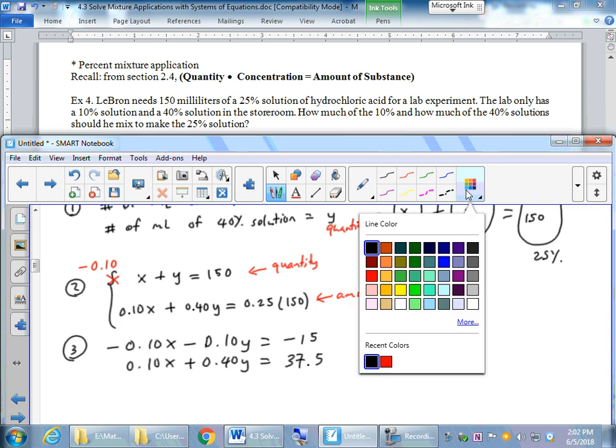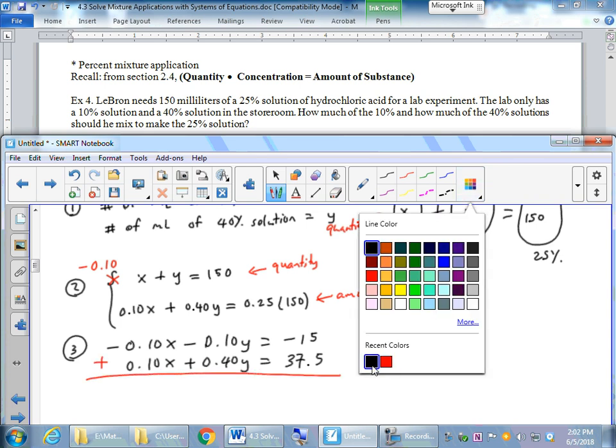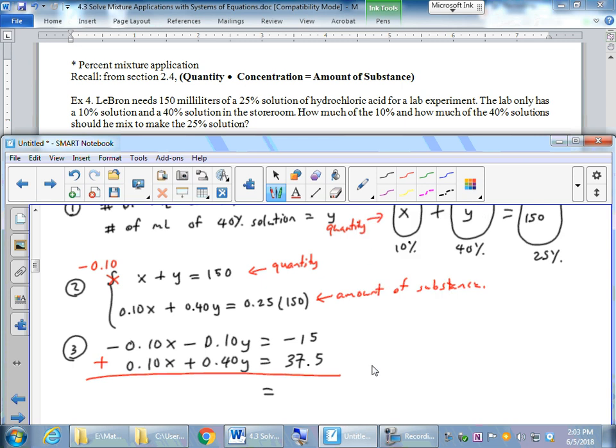And now you add these two equations together, and x is eliminated. It will be 0.30y is equal to 37.5 take away 15, that gives me 22.5. And divide both sides by 0.30 using the calculator, that gives me 75.